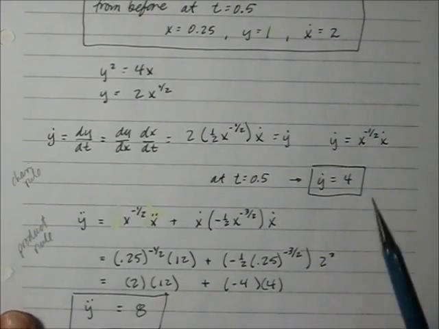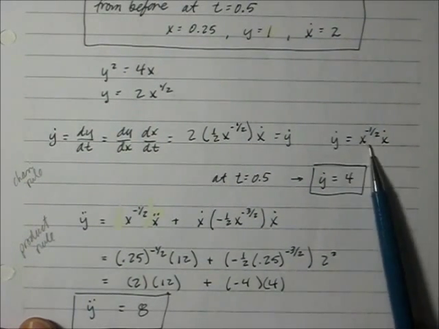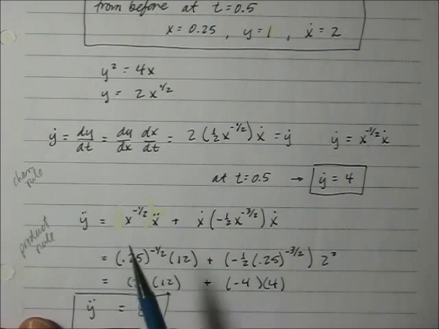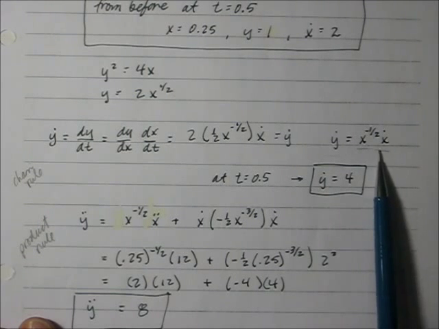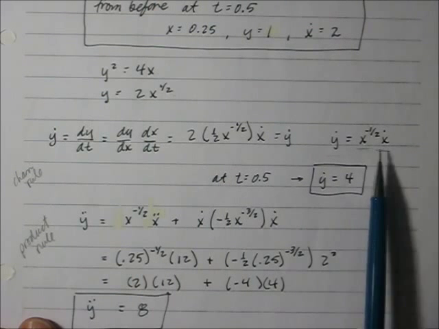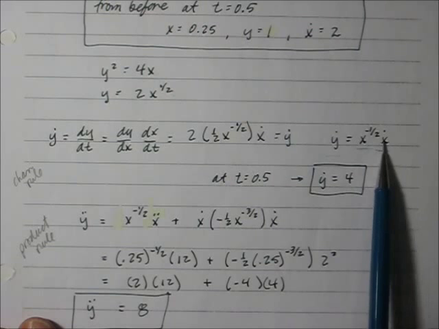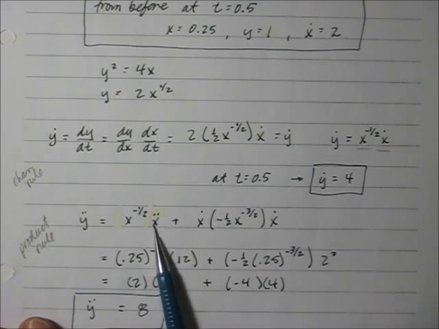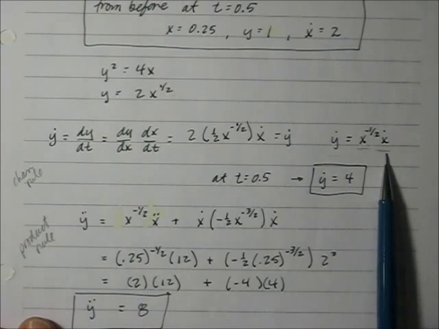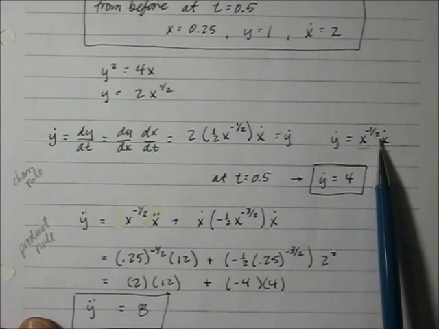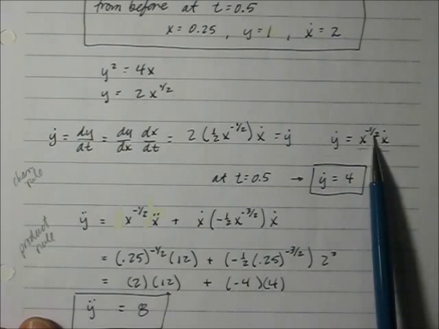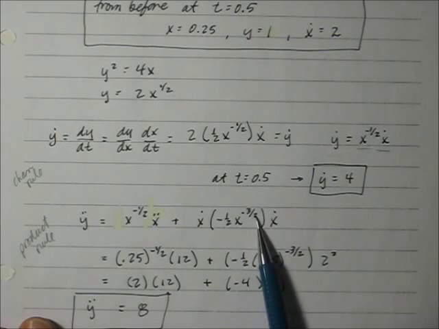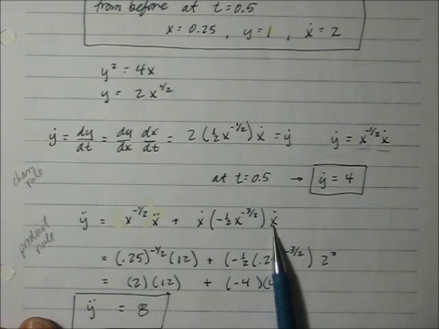To find y double dot, I'll take this equation, y dot is equal to x to the minus 1/2 times x dot, and since that's now a product, I'll have to use the product rule. So I'll call this piece my u, and this piece my v, and so I'll say that this is x to the minus 1/2 times d/dt of this part, so that's x double dot, plus x dot times d/dt of this part, so that would be minus 1/2 comes in front, x to the minus 3/2, and then I always have another x dot.